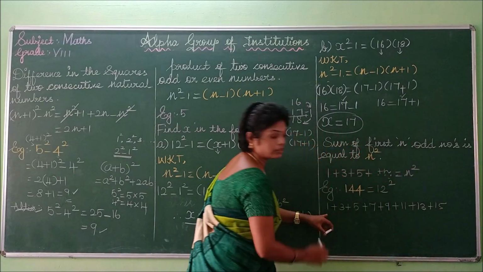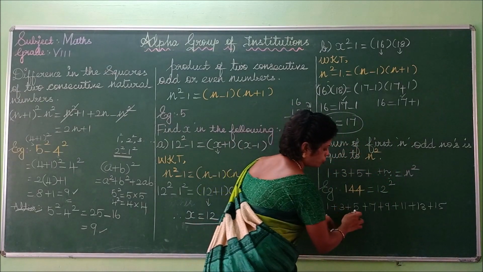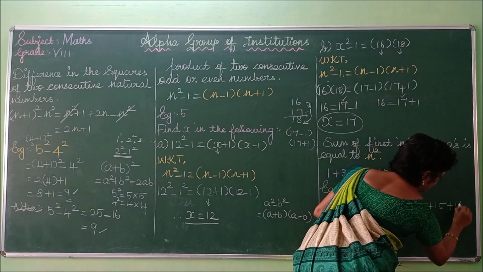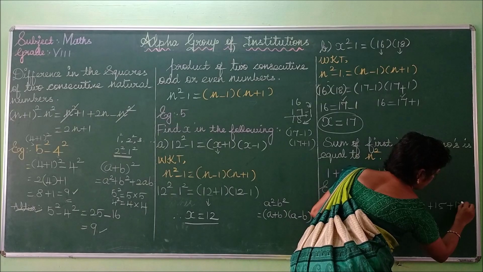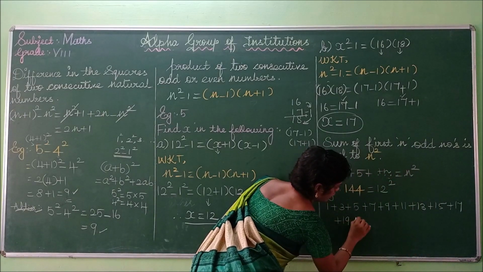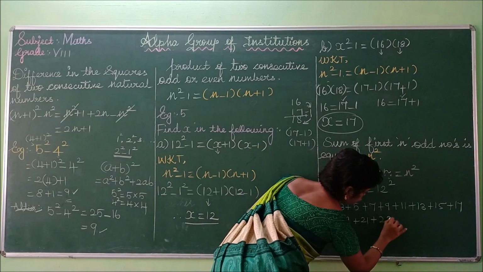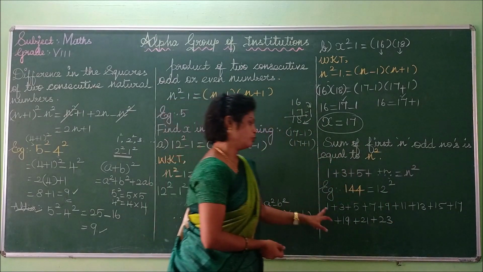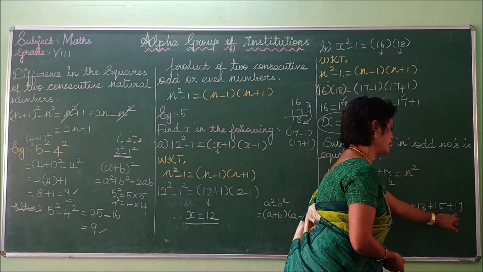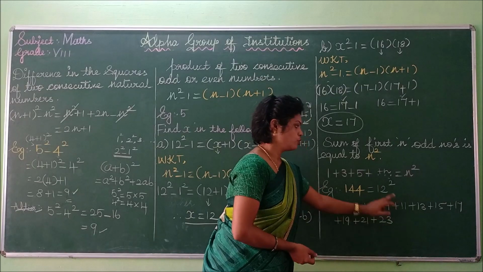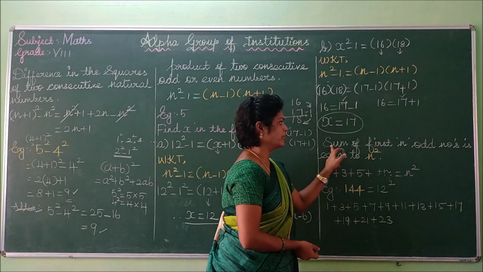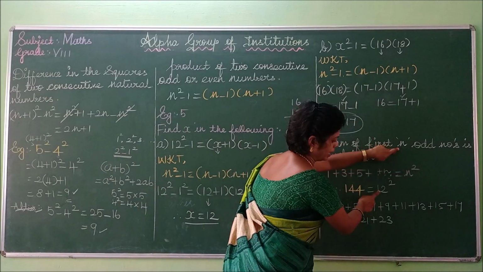Now count how many numbers you have written. 1, 2, 3, 4, 5, 6, 7, 8, 9, 10, 11 and 12. So count one more time: 1, 2, 3, 4, 5, 6, 7, 8, 9, 10, 11, 12. So here 144 is represented as 12 squared. So what is the statement? The sum of the first n, here n is 12.